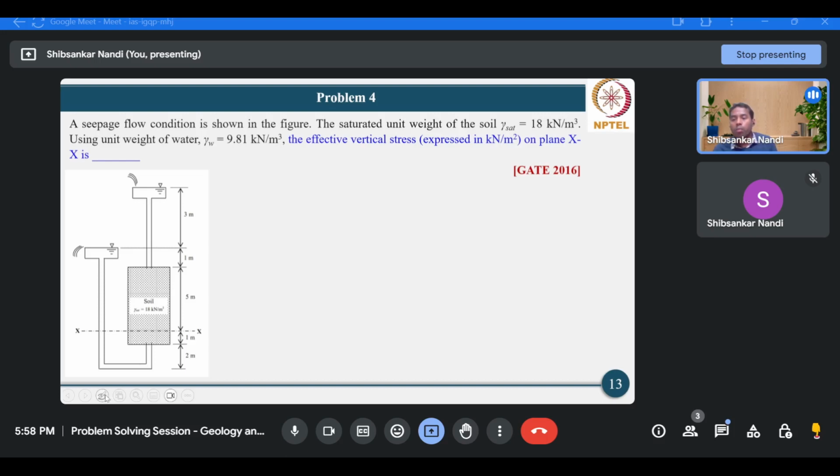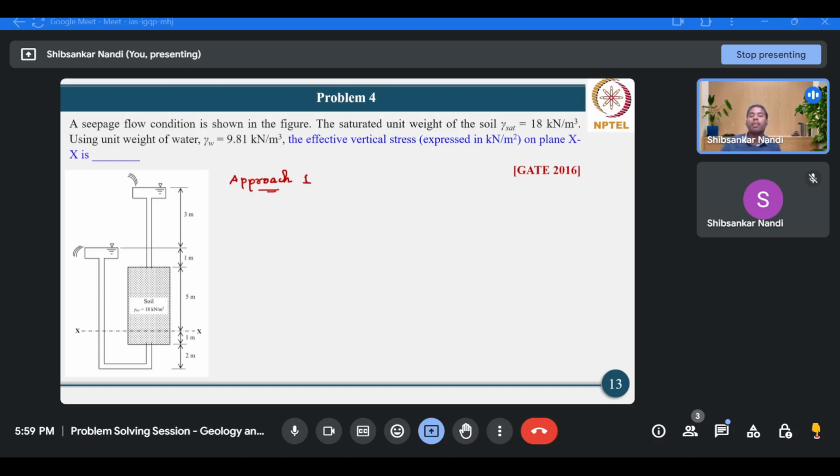We can solve this problem by two different approaches, and we'll see those approaches one after another. First, approach one. In this approach, you have to just recall the analytical form or expression of the effective stress under different seepage conditions.